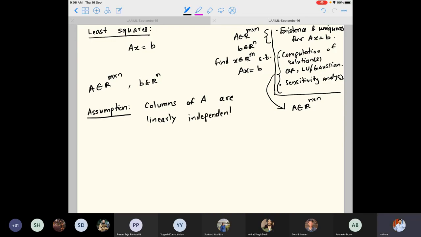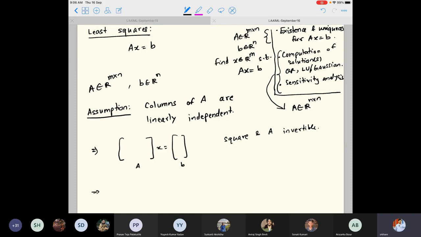That's the assumption that I'm going to make. So if the columns of A are linearly independent, how would A look? A certainly can be square and invertible, Ax equals b. This is fine. Columns of A are linearly independent, square, and A invertible, in that particular case.